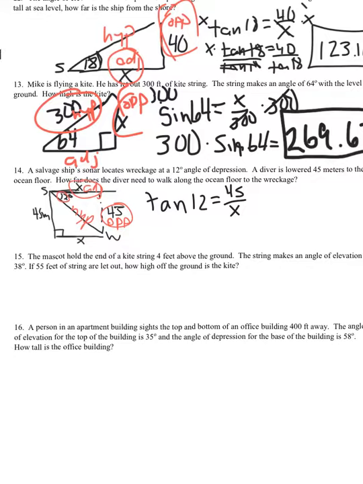Two steps. Times x times x. X times tangent 12 equals 45. And then you're going to divide by tangent 12.